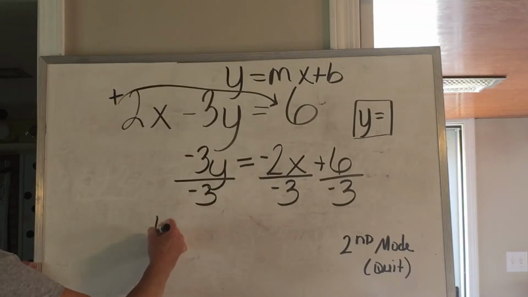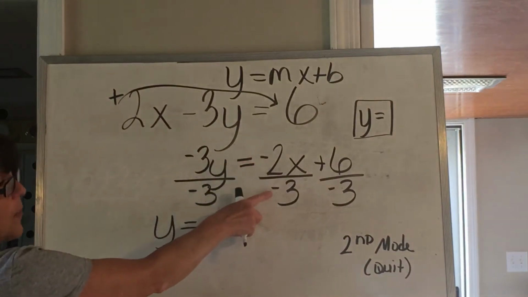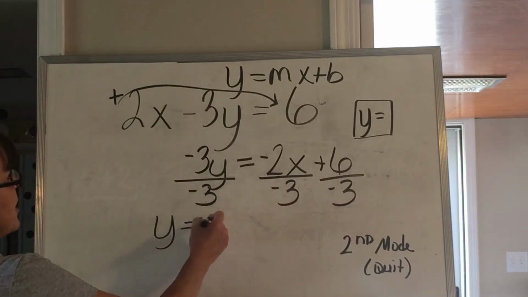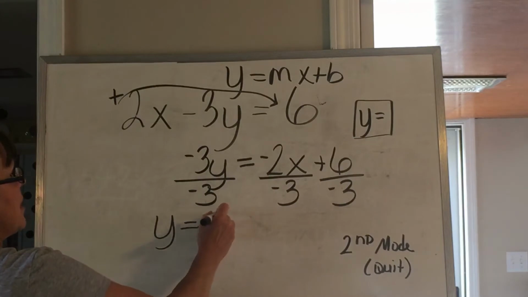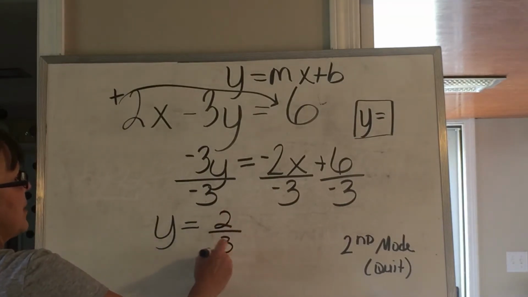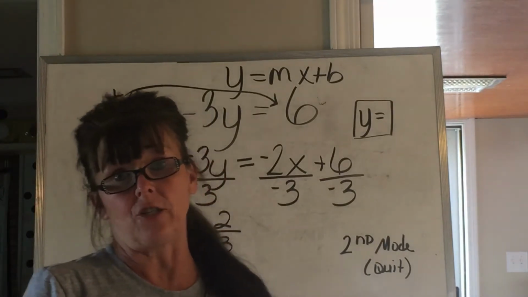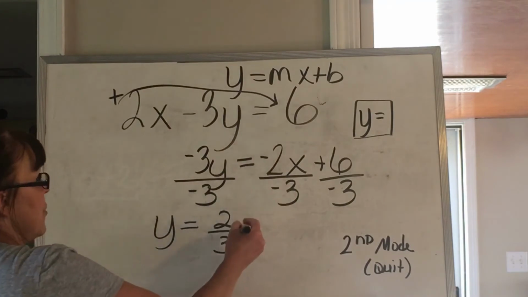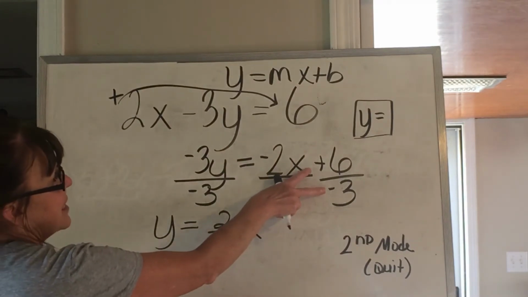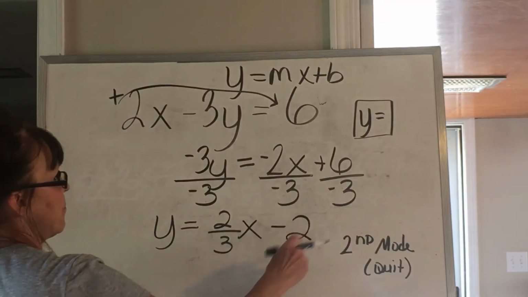So y equal mx plus b is y equal a negative over a negative, reduces down to a positive. 2 over 3 is just 2/3. Write it as a fraction. And you know, we like for slope to be a fraction because it's rise over run. Bring down your x. The signs are different, so that's going to be a -2.